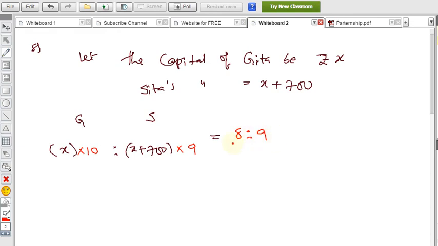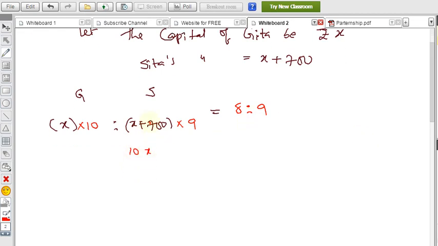So this we have to simplify now. We'll get the value of the capital of Geeta, the X value. That is 10x by 9 into x plus 700 is equal to 8 by 9. So the 9 gets cancelled. 8 is 2 4s, 10 is 2 5s.